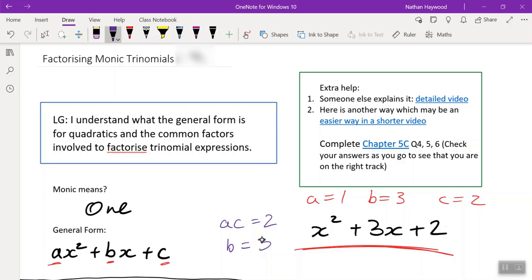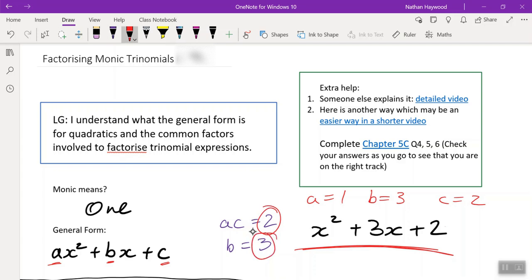The second step is the tricky step. This is the bit you need to put all your attention towards. You need to think of two numbers that multiply to get this number and add to get this number.